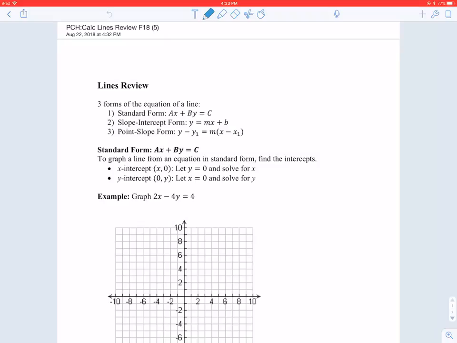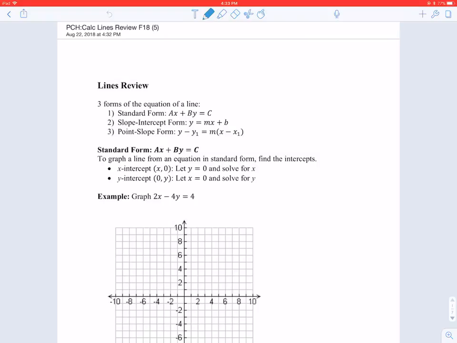And first, you probably would have started with standard form, which is not my favorite form of the equation of a line. It's just not so useful in telling us characteristics about the line. And then you probably would have learned slope-intercept form, y equals mx plus b.